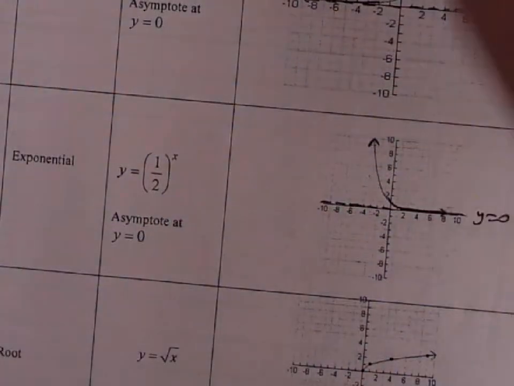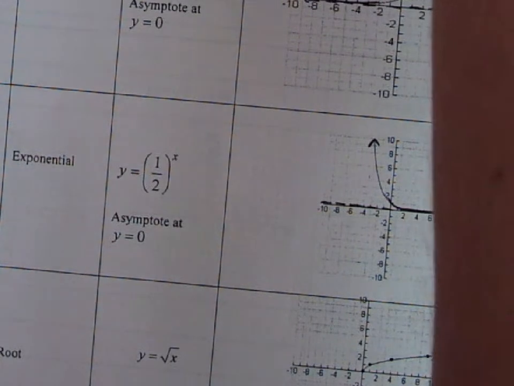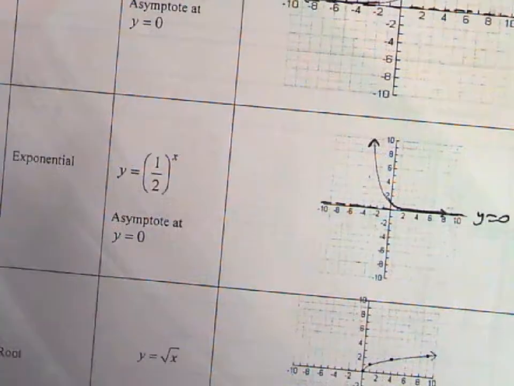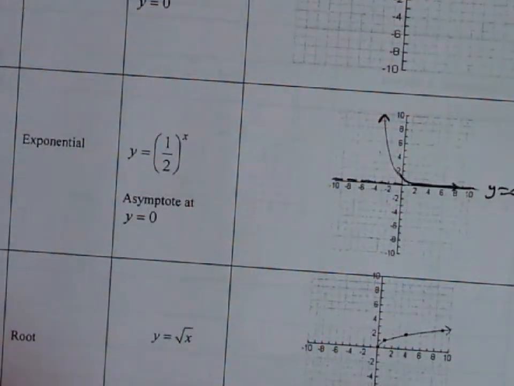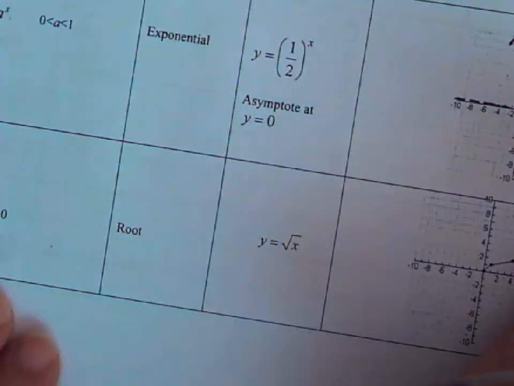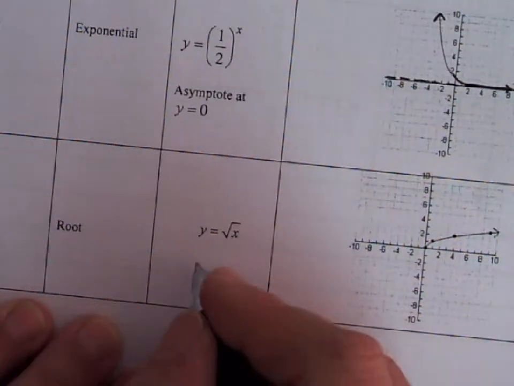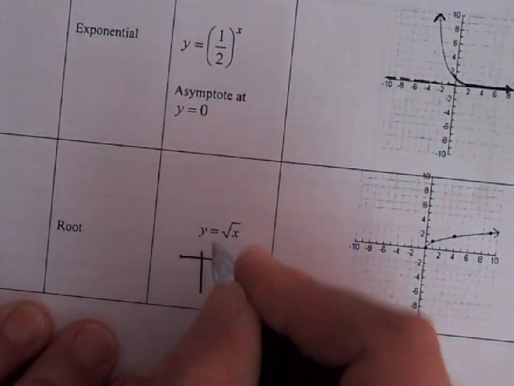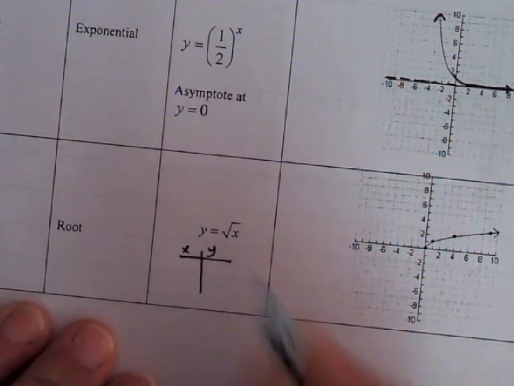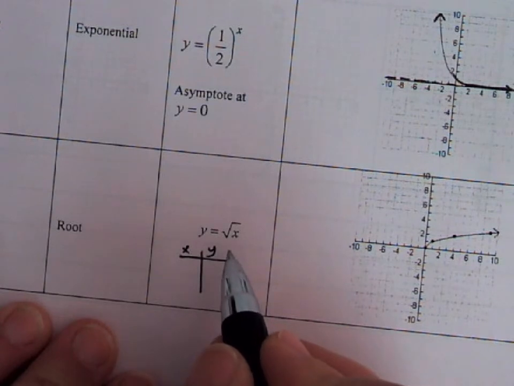Okay, another function to remember is the square root function. Y equals root x. So let's do a little table here. As you see, under that square root you cannot have a negative number.